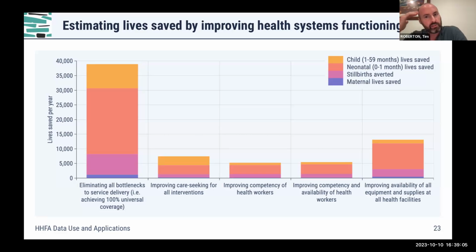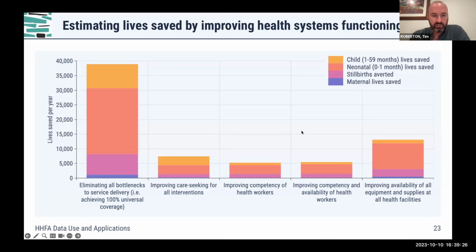And because it's RMNCH, we use a modeling tool called LiST, or the Lives Saved Tool. And that enables us to turn improvements in coverage into, or calculate, the potential lives saved from that improvement to health systems functioning and coverage of interventions.